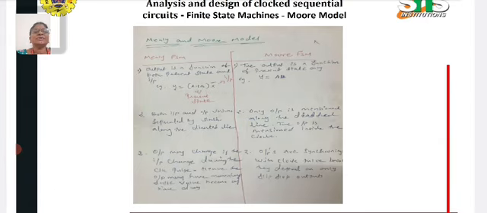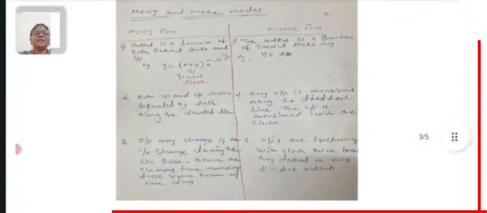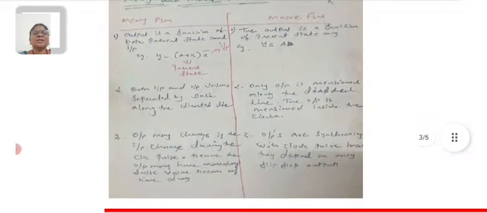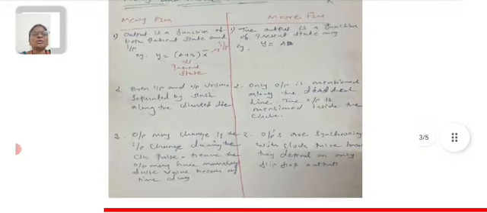In a Mealy circuit, both input and output are separated by a slash along the directed line. But in a Moore circuit, only the input is mentioned along the directed lines, and the output is mentioned inside the circle. The last difference is that in Mealy, the output may change if the input changes during the clock pulse.